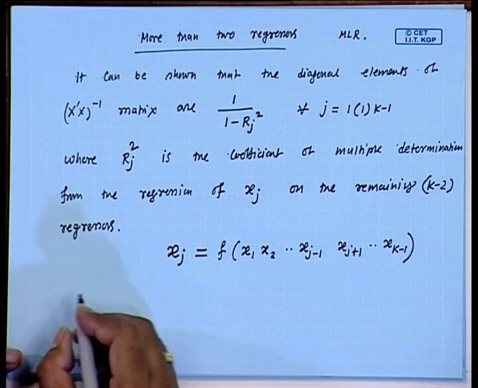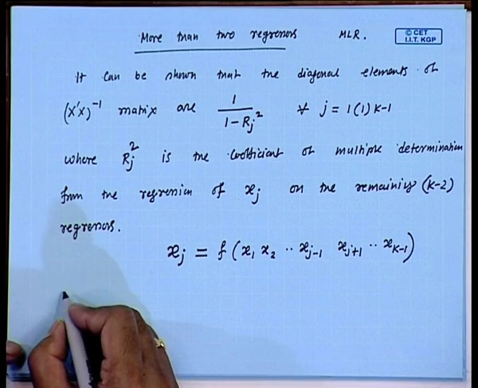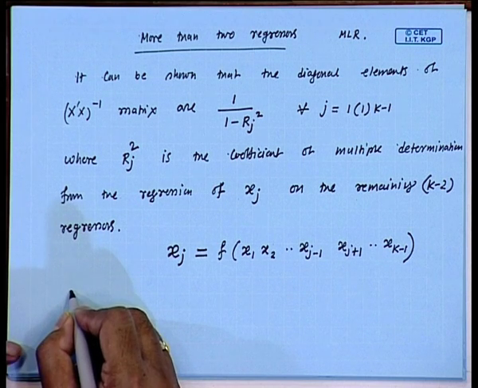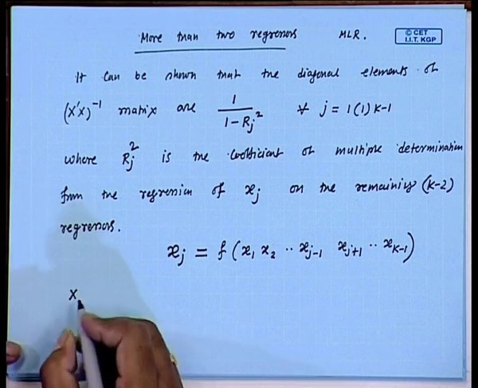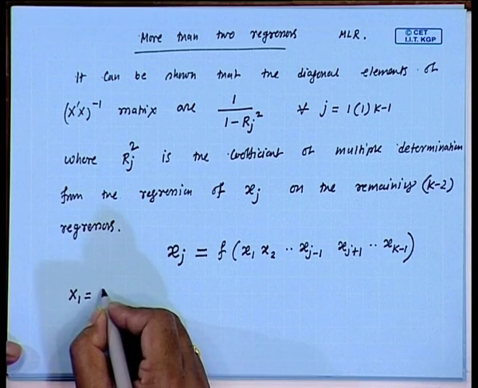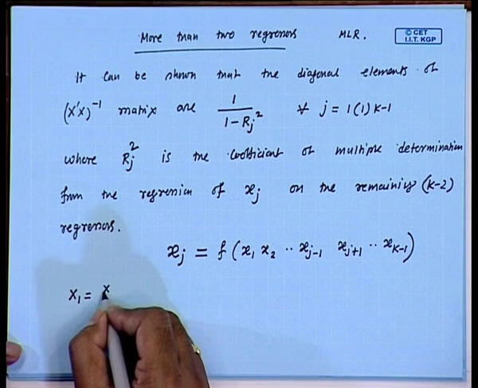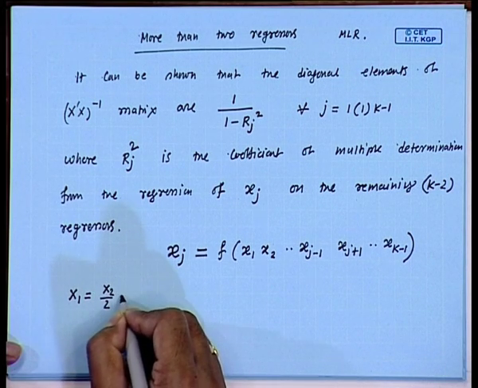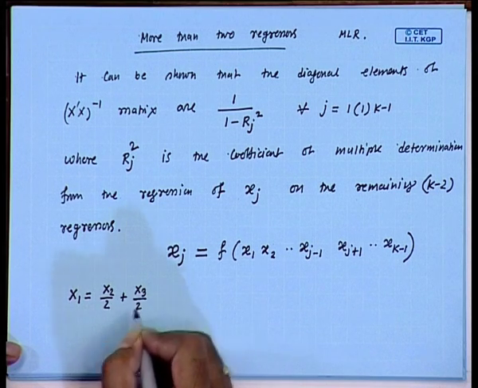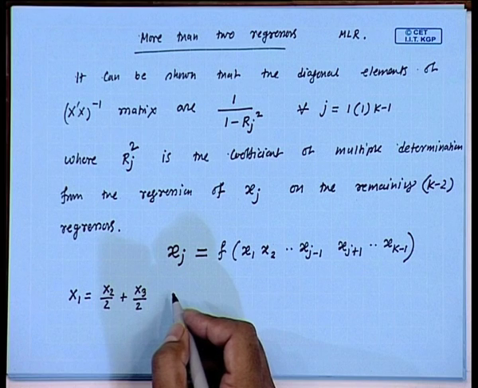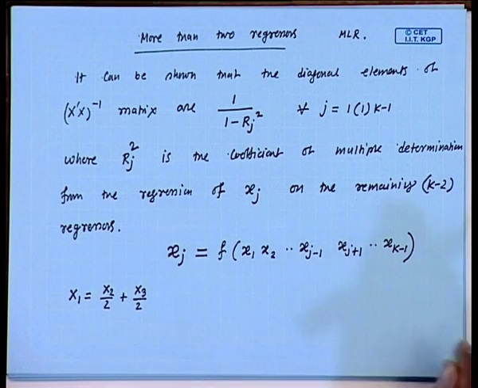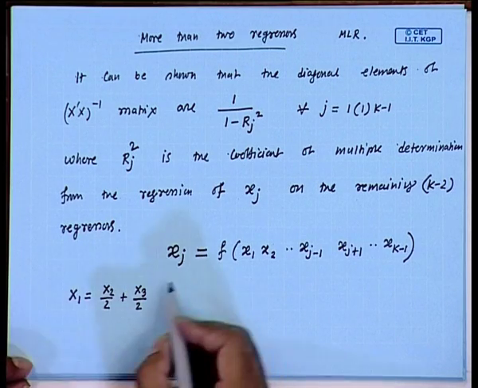If you can recall my first example today, we checked that X1 is equal to X2 by 2 plus X3 by 2, and this was true for all the observations we had.